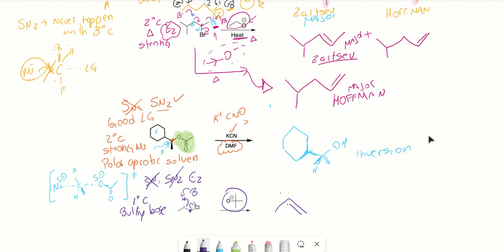If you have heat, we always favor eliminations. If you have a good nucleophile, a good leaving group, a strong base, but it's a bulky base, that will be elimination, not a substitution. Okay, that's it. That's all.